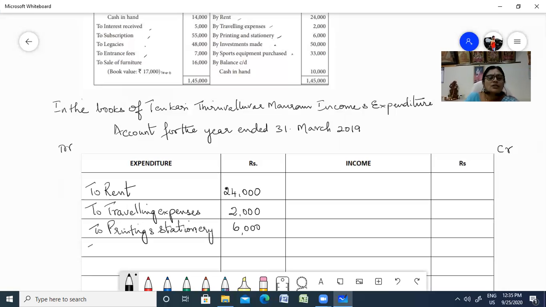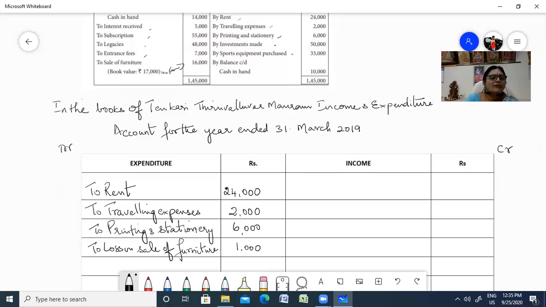To loss on sale of furniture: 16,000 minus 17,000. Book value is 17,000, so you have a loss here. That is 1,000 rupees. Okay. Anything else? I don't think we have left out anything, right?